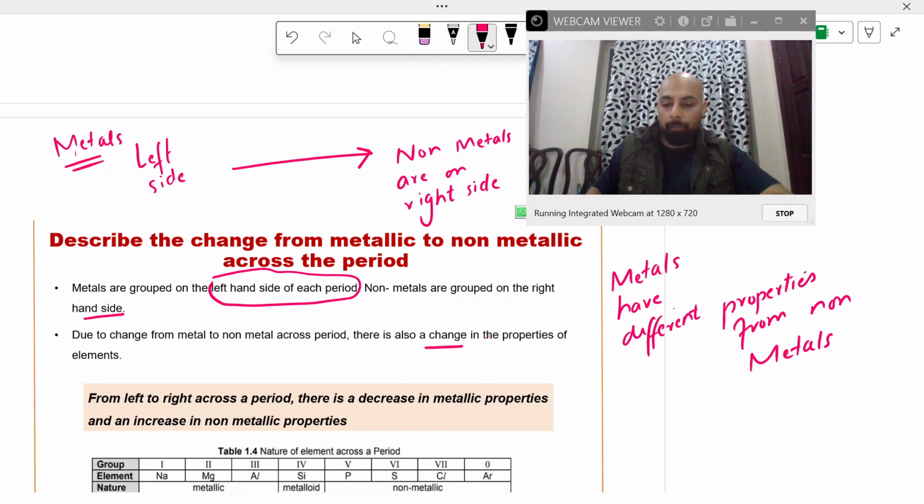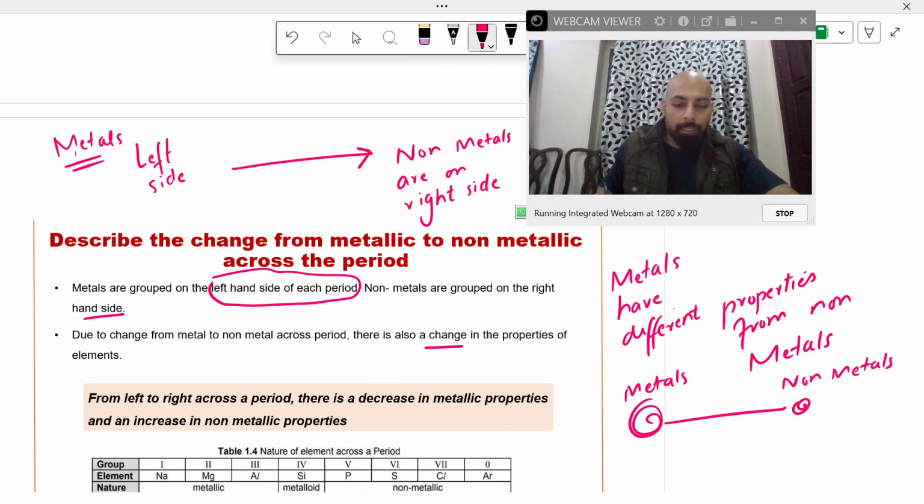Right, so we have more metals on the left side and non-metals on the other side, right? So we can say that there is a decrease in metallic properties and an increase in non-metallic properties across the period.